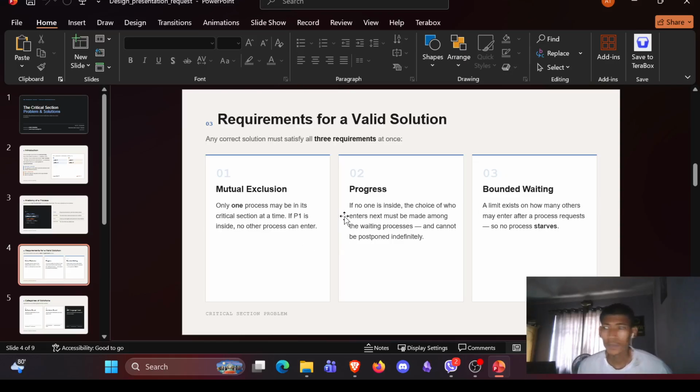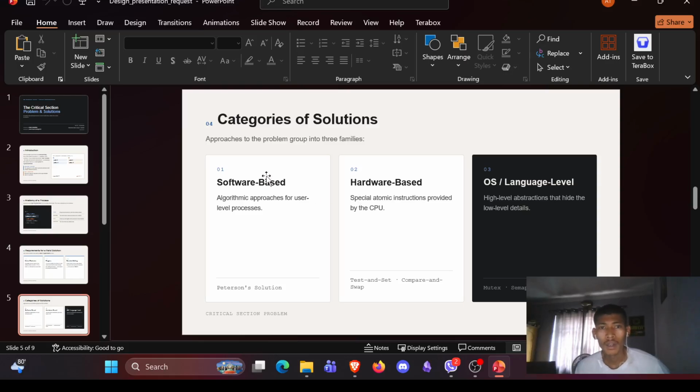Categories of solutions. There are three categories: software-based solutions, hardware-based solutions, and OS and language level solutions.